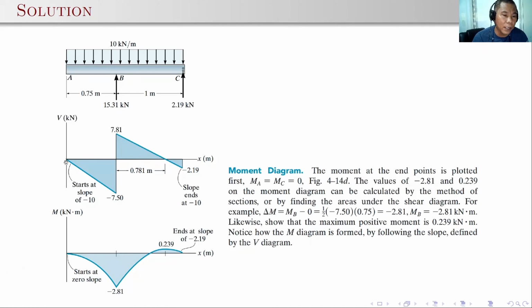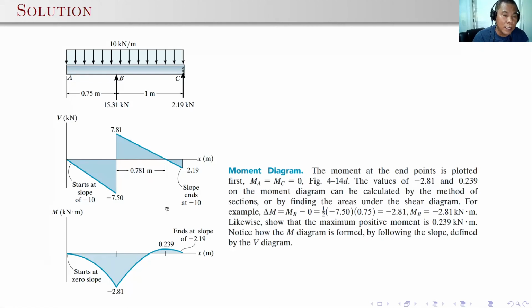Here, as you can see, we have four locations of zero shear. At the first location, we expect a minimum or maximum moment. At reaction B, we have zero shear here, so we expect the maximum or minimum moment. And here, there is another zero shear, so we expect a minimum or maximum moment here, and so with the support.